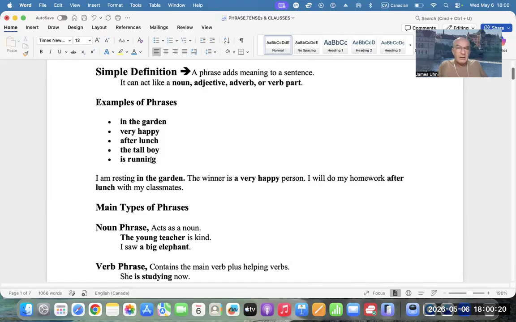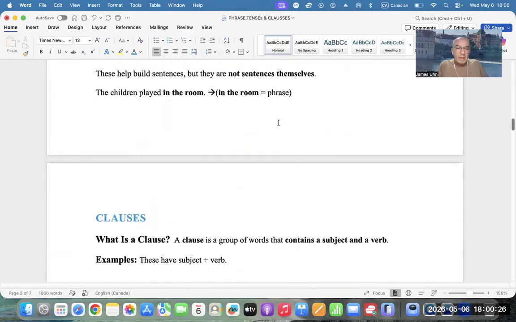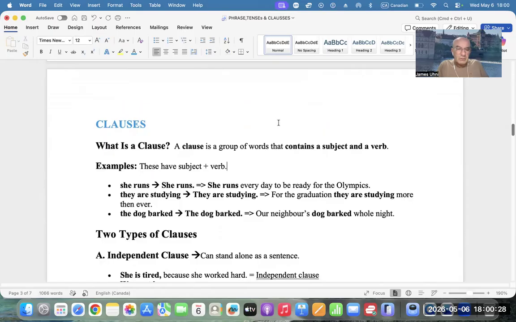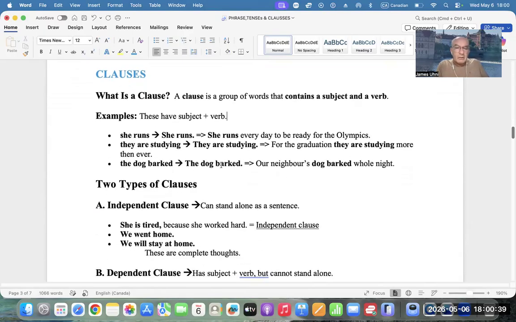That's why a phrase adds meaning to a sentence, but a clause is a group of words that contains a subject and a verb. That means it can stand on its own or may not, but that we will find right now.